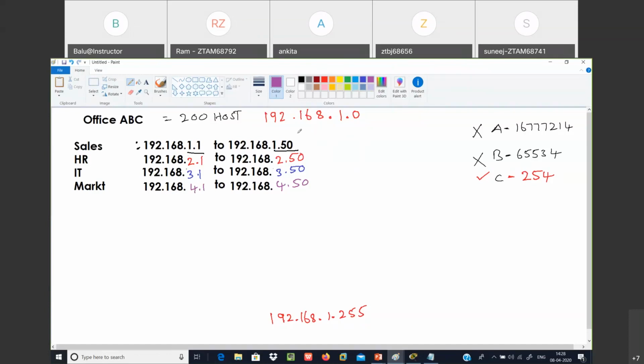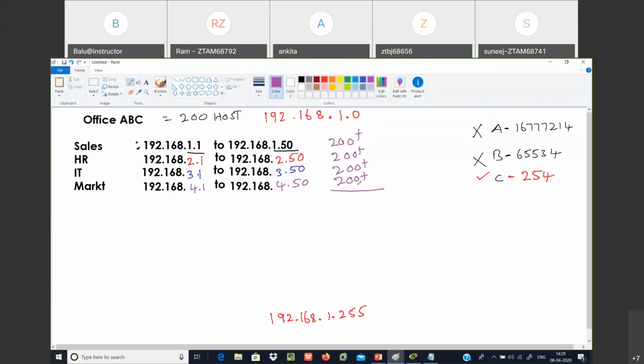For each network, how many IPs are available, guys? 254. Out of 254, for the sales department, how many IPs are being wasted? 200 plus for sales. For the HR department, 200 plus. For the IT department, 200 plus. For the marketing department, 200 plus.